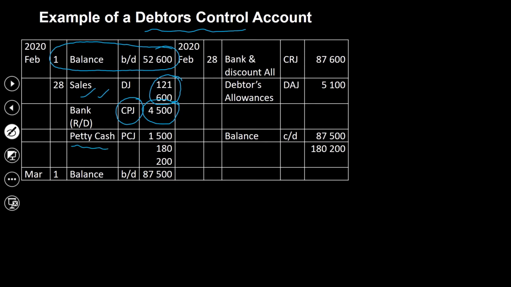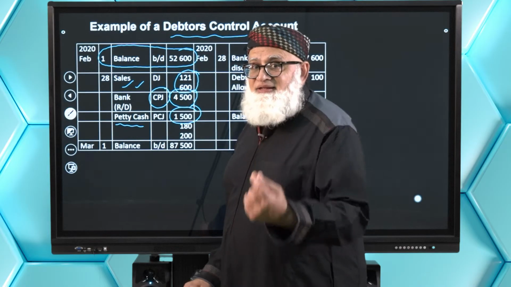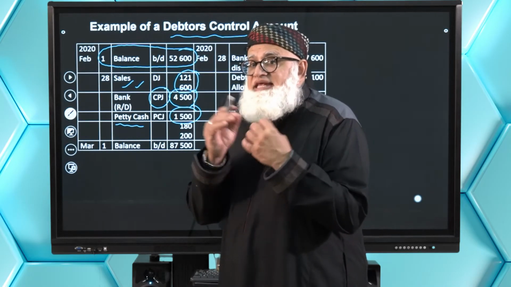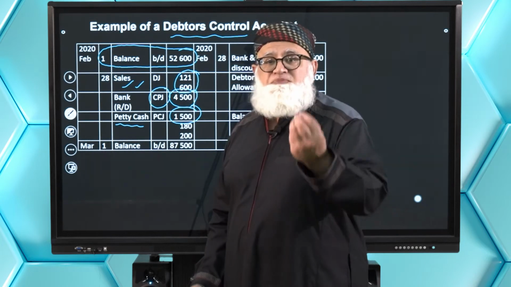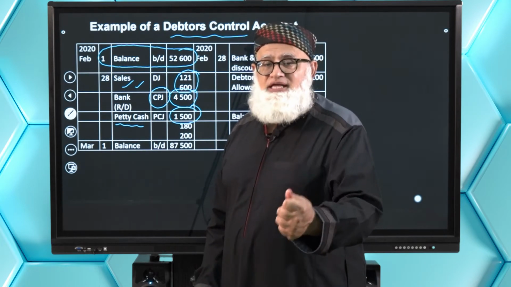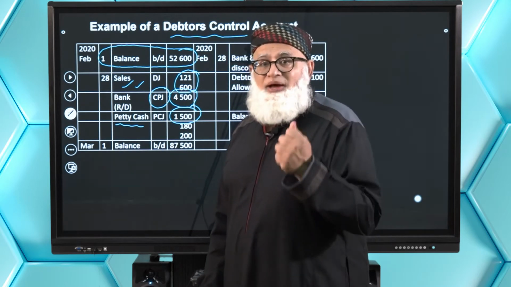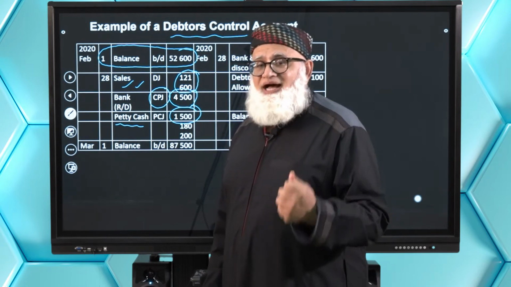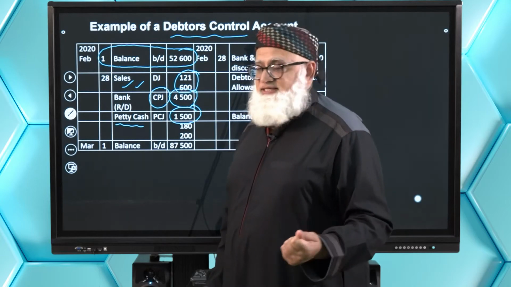Petty cash, we paid out of petty cash on behalf of debtors. So once again, what are we doing here? We're showing you the transactions in your debtors control account, right? Which you will then realize does not give you any information on specific debtors. Rather, it is a summary of the transactions that were entered into between us and our debtors.